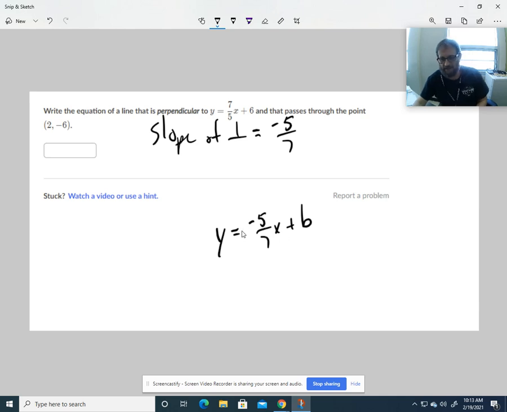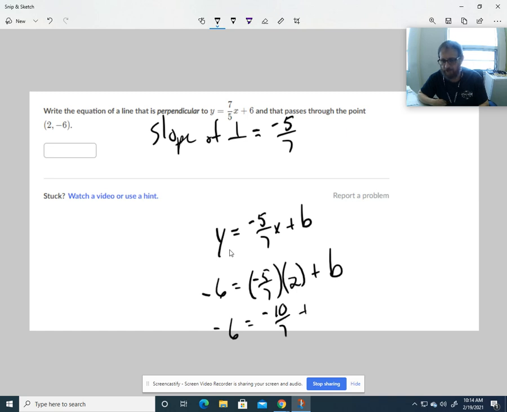Now, here's the thing. What you might notice, and the reason I think a lot of you won't like this, is this is going to end up fractional, because you're going to end up with -6 equals -5/7 times 2 plus b. And now we've got a fraction. So you have -6 equals -10/7 plus b.